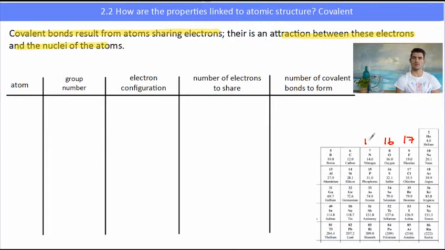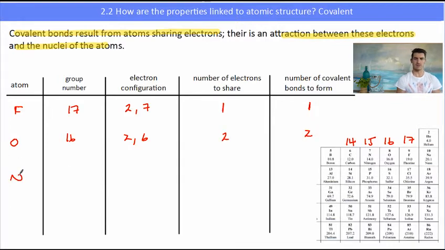Remember, we're talking about the non-metals, so we're talking about groups 17, 16, 15, and 14. Let's have a look at group 17, fluorine's group. It has an electron configuration of 2, 7, so it wants to share one electron. That means any atom in group 17 will form one covalent bond. Oxygen with the electron configuration of 2, 6, wants to share 2 electrons, so it will have 2 covalent bonds.